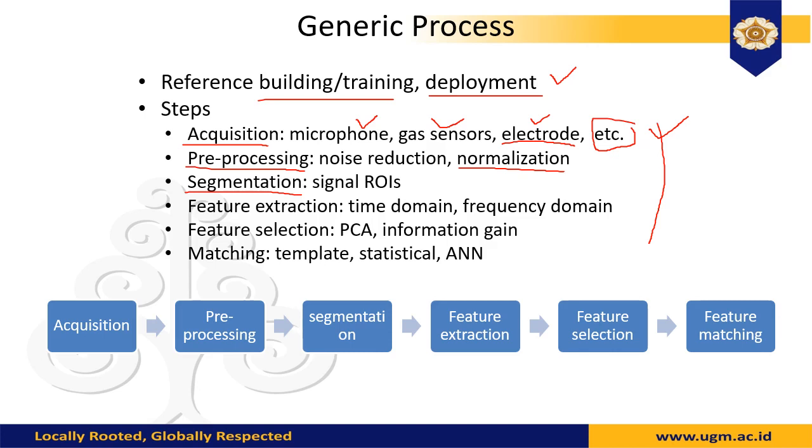Okay, now after we have particular regions where the data lies, then we could extract the features. Now for 1D signals, the features could be extracted from the time domain representation, and they could also be extracted from the frequency domain representation. For the time domain representation, I will show what the signals might look like.